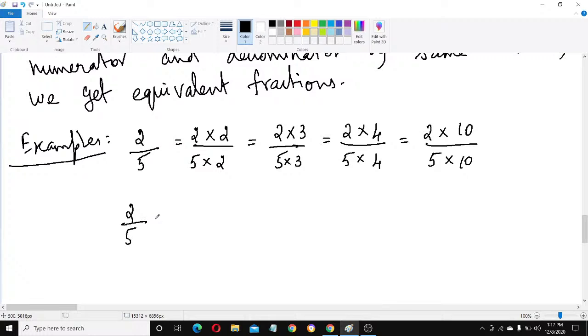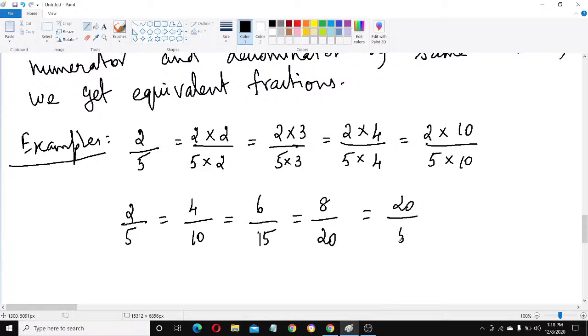Now 2 by 5 is equal to: 2 2s are 4, 5 2s are 10, so 4 by 10. 2 3s are 6, 5 3s are 15. 2 4s are 8, 5 4s are 20. 2 10s are 20, 5 10s are 50.